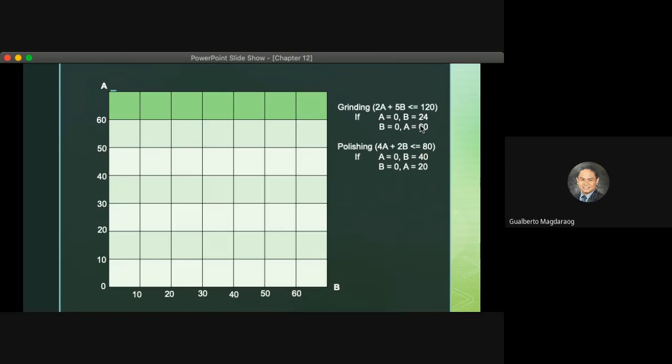Okay, ulit. How did we get 24? If A is 0, then 2 times 0 is 0. So you may eliminate that, yung 2A. So therefore, ang matitira na lang is 5B is equal to 120. To get the value of B, you divide both sides by 5.